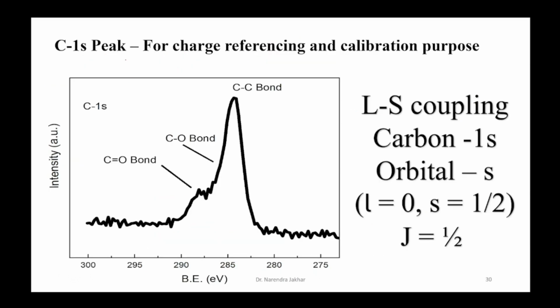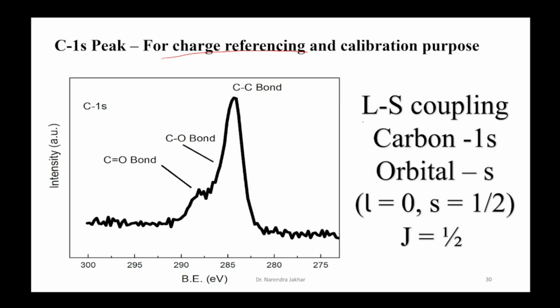Next, the C1s peak is used for charge referencing and calibration purposes. This is a carbon peak taken from my sample. First, this is a single peak, though multiple components can be fit into it. Why is it a single peak?